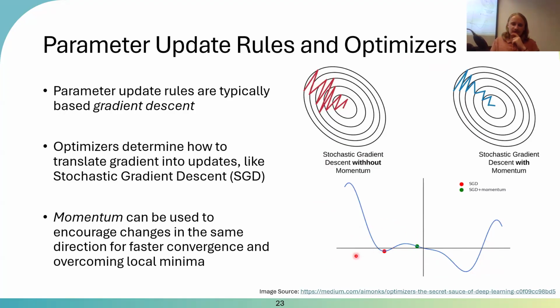Admittedly, you can still have another local minimum that it might get stuck in, but it requires considerably more energy to escape, which means it's more probable that it is either the global minimum or a stronger local minimum. So that's what introducing momentum can do to overcome some of these issues.